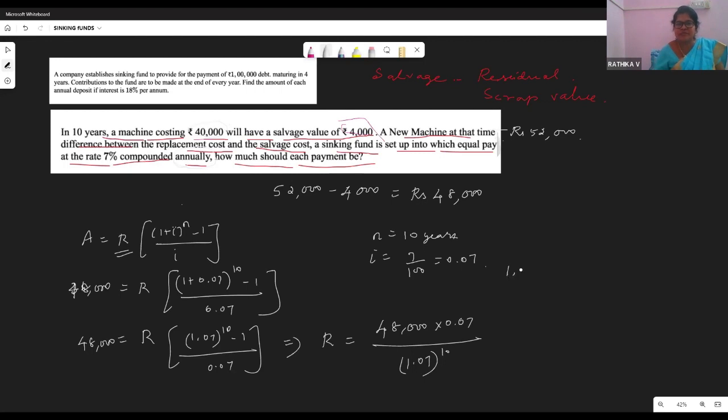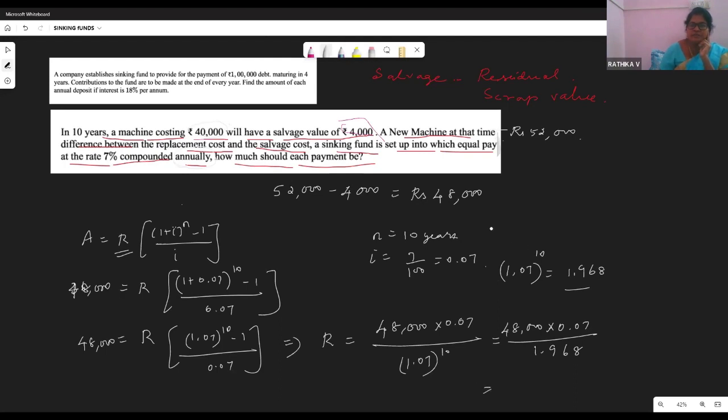From the calculator I have taken the value, 1.968. So I'll substitute that value: 48,000 into 0.07 divided by 1.968. You can see that it is multiplication only, so everyone knows to apply directly when they give this value.